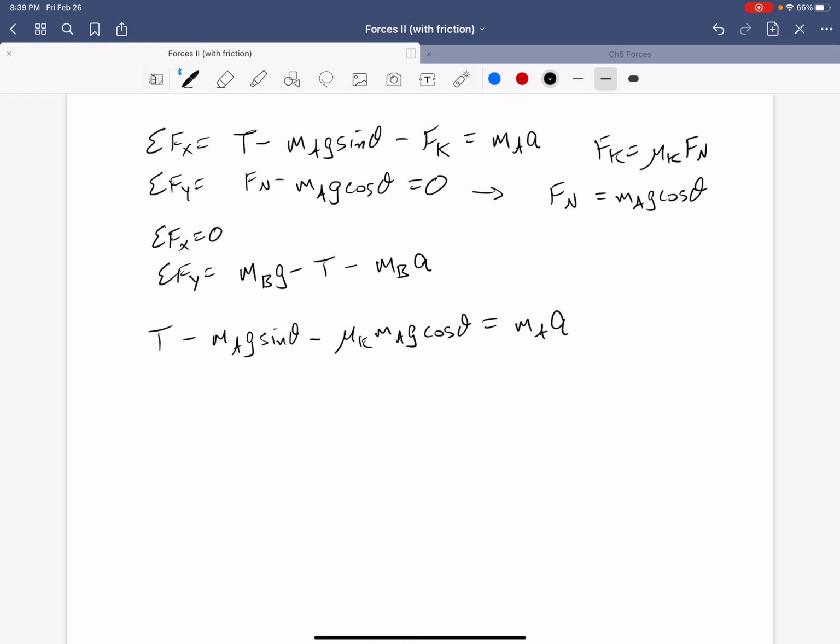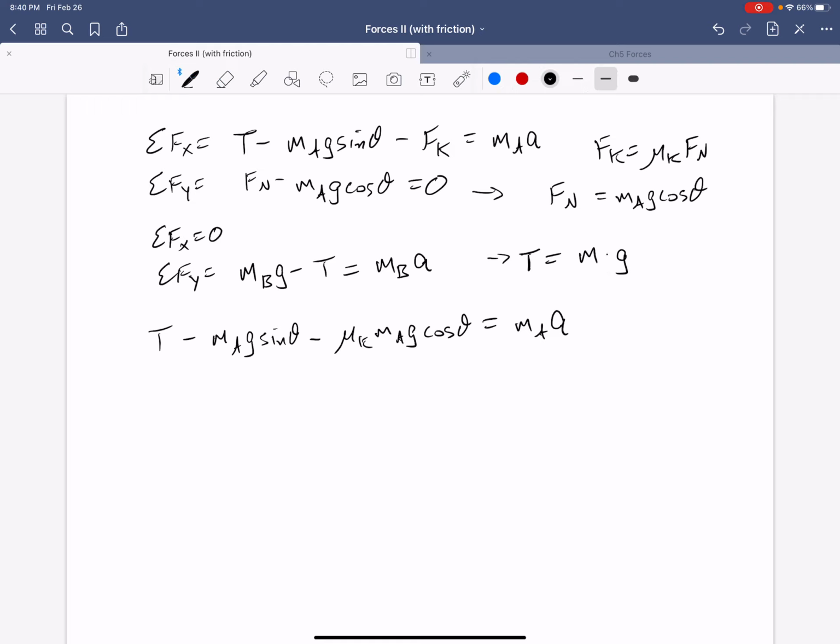All right, so let's see. I'm going to solve for T. That seems a little bit easier. So that equals... Now that we know it's moving, tension is not simply mb times g, right? It's not simply that.